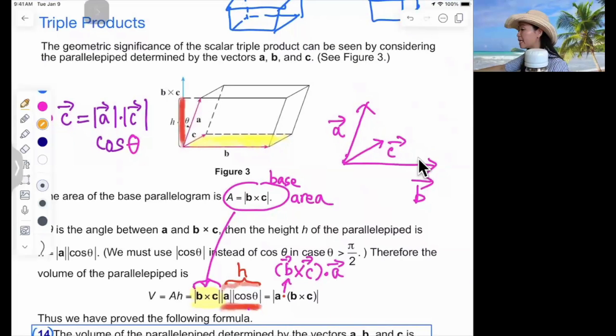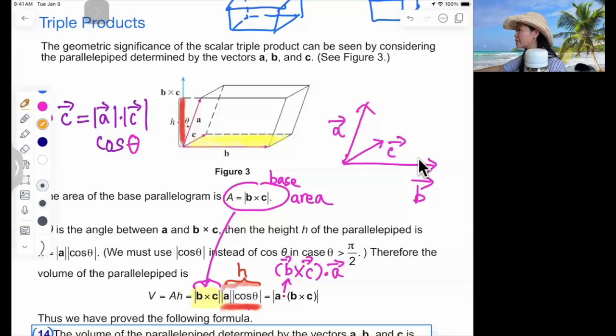You use base area times height. So what's the base area? The base area is the magnitude of B cross C. What is the height? The height is this H. This is A, and this is the angle theta. So A times cosine of theta gives you this height.